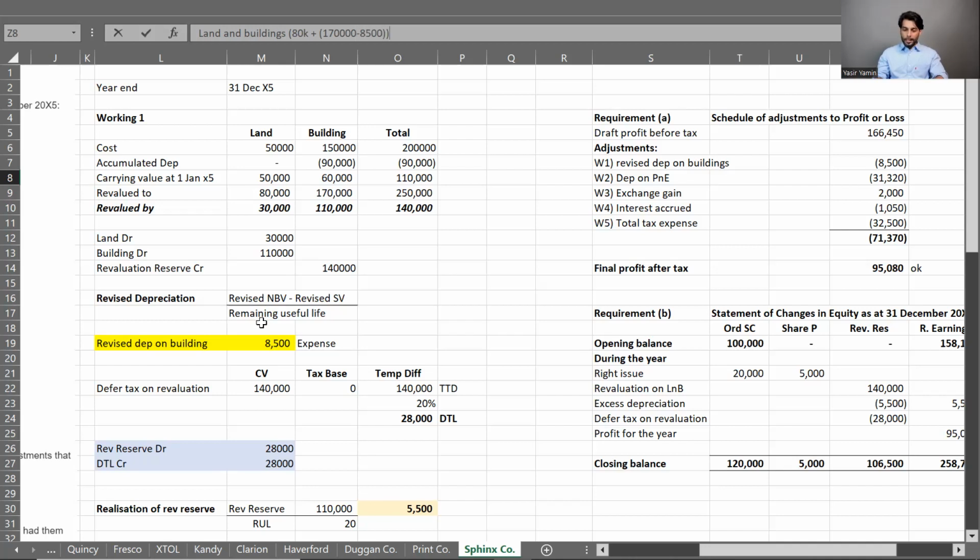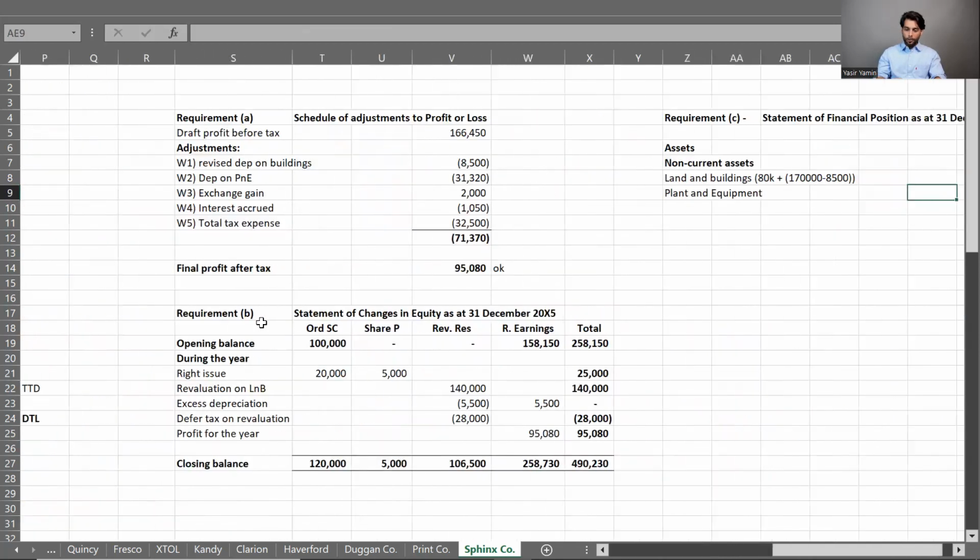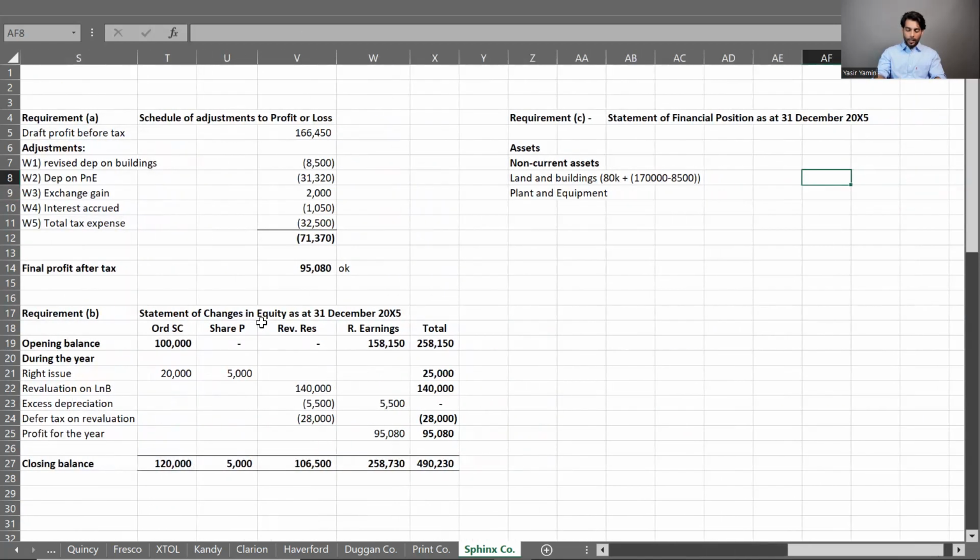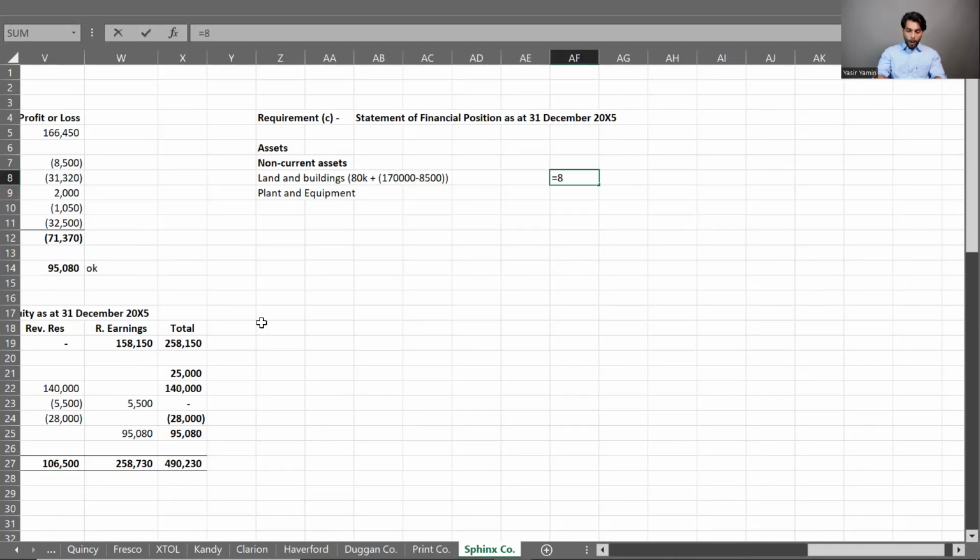So your land and buildings value will be 80,000 plus 170,000 minus the depreciation for the year, which is 8,500. So now you have 241,500. Is everybody clear on this 241,500 number?